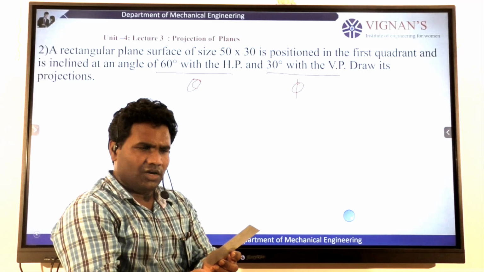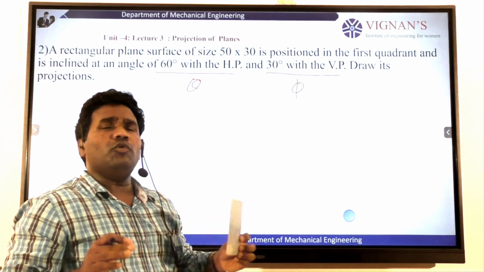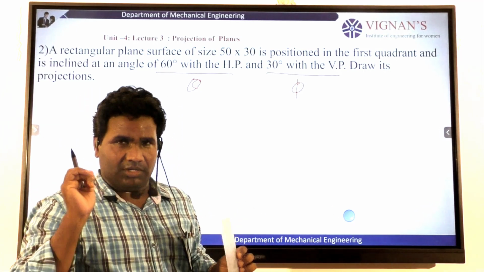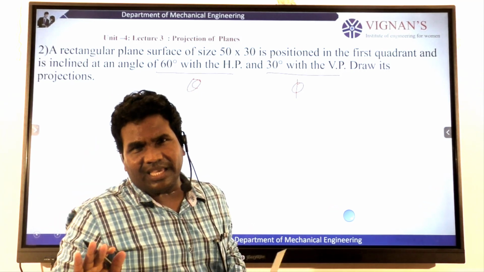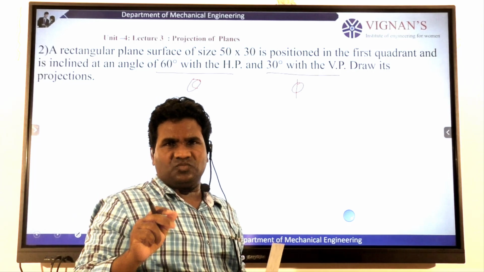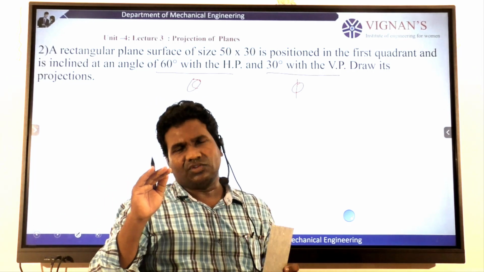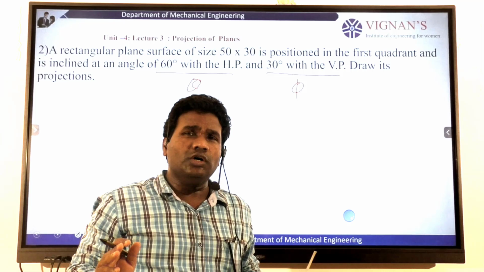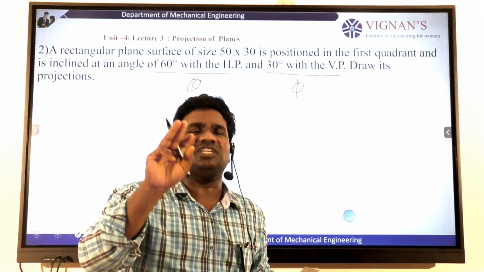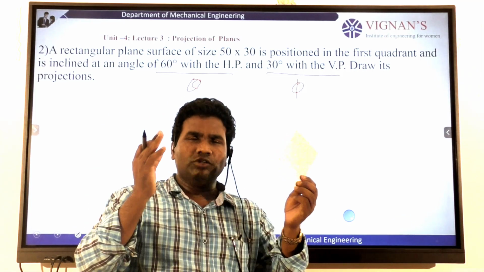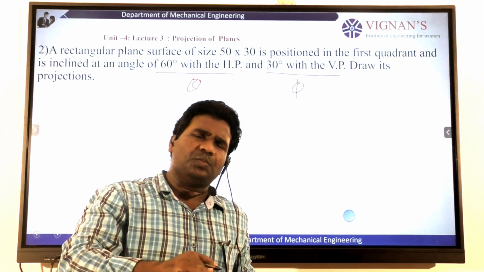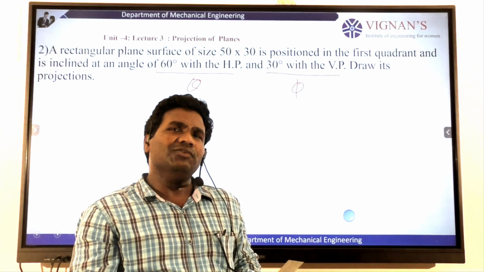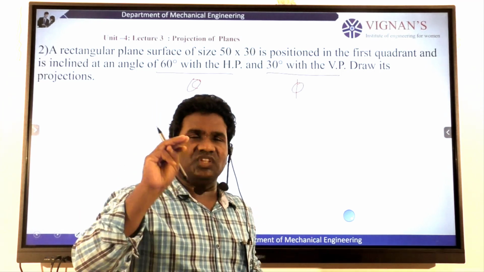Now let us see how to solve this type of problem. Whenever a plane is making an angle with HP and also an angle with VP, the problem is solved in 3 steps.